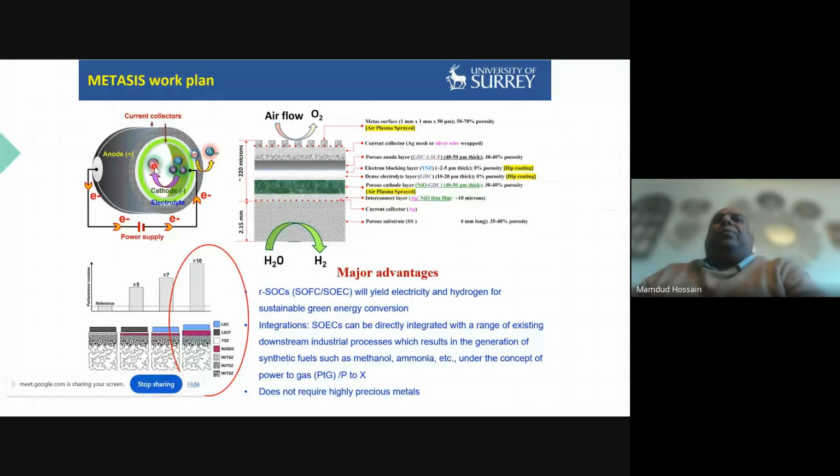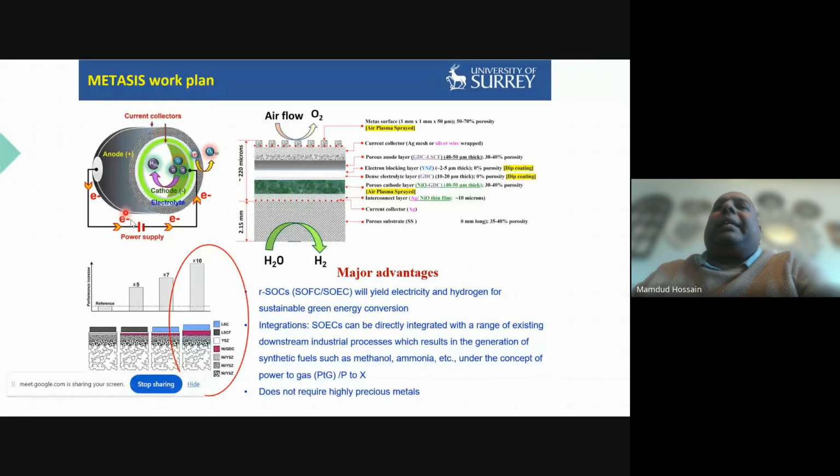So what happens to this oxygen ion? It flows through this electrolyte. So electrolyte is a type of material which is ion conductive. It only allows ion to flow through this electrolyte, and then it goes into the anode section. In the anode section, oxygen gives up its electron and becomes oxygen gas, and then electron flows through anode into the cathode again.